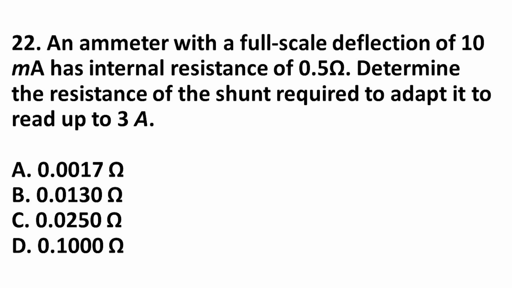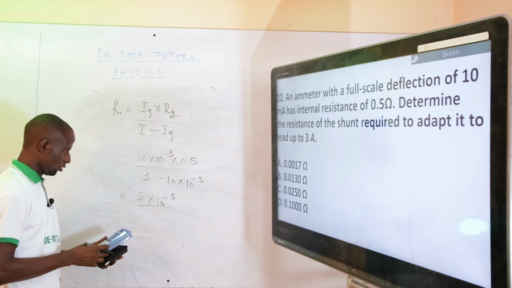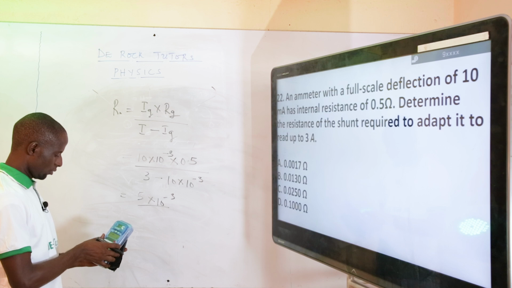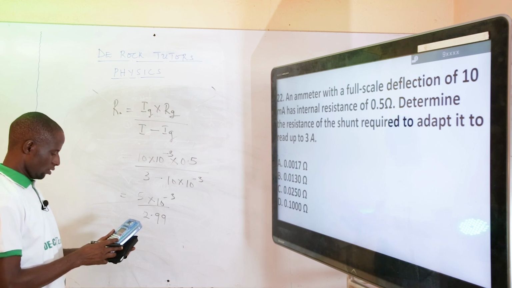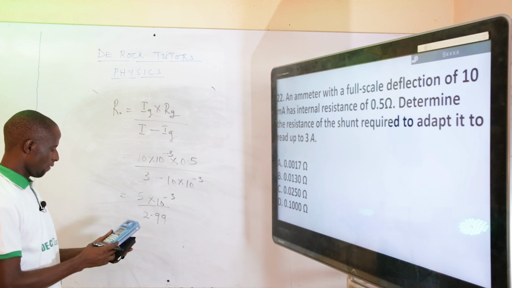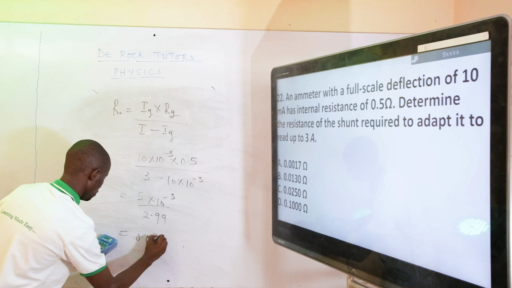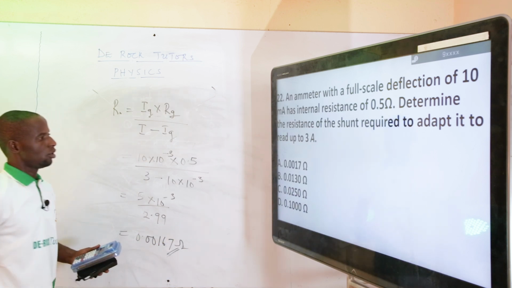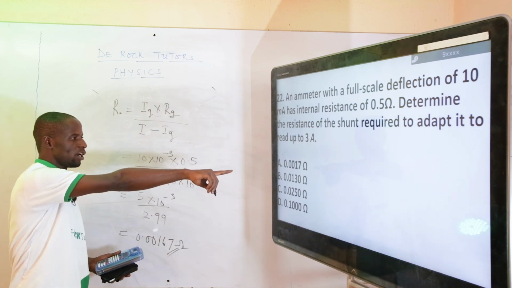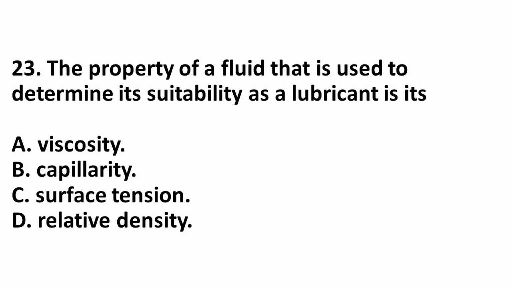If you calculate correctly, that's 5 times 10 raised to power minus 3 divided by 2.99. If you look at the options, the correct option is option A. If you approximate this, that's 0.0017. Property of a fluid that is used to determine its suitability as a lubricant is its dash.